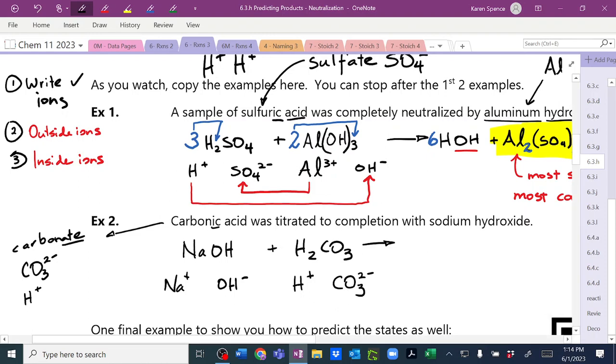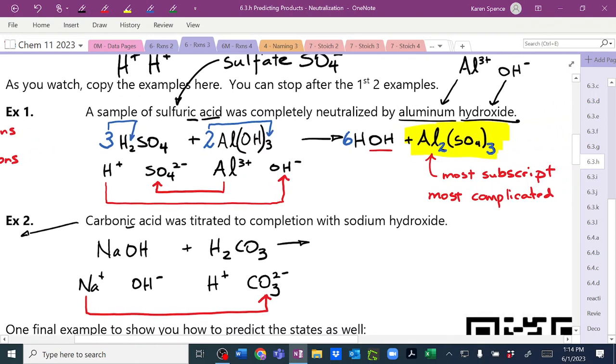We've written the ions. Now we're going to combine the outside ions. So that's going to be Na plus CO3 2-, so we need 2 Nas to give us 2 positive to balance the CO3.